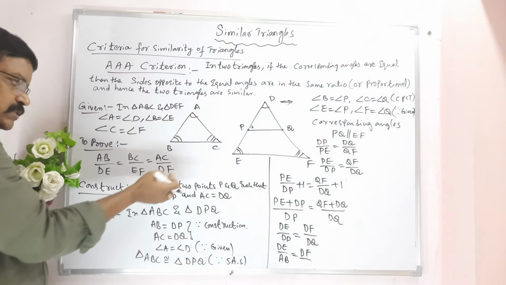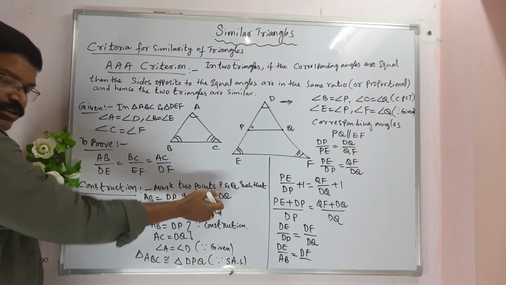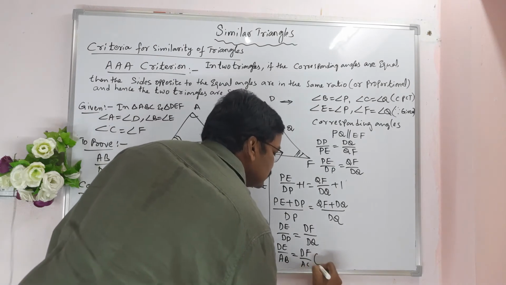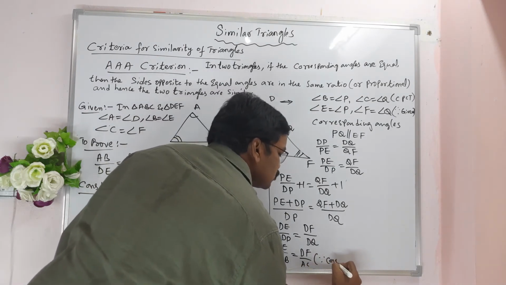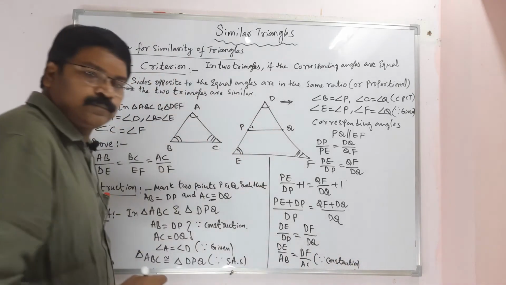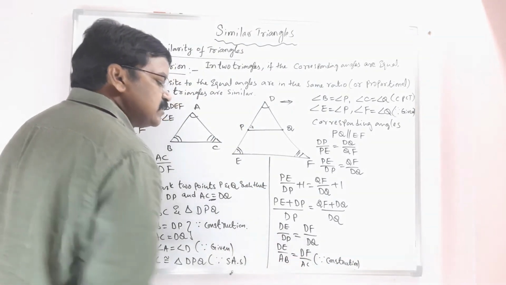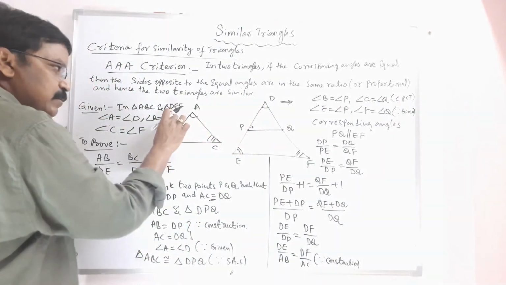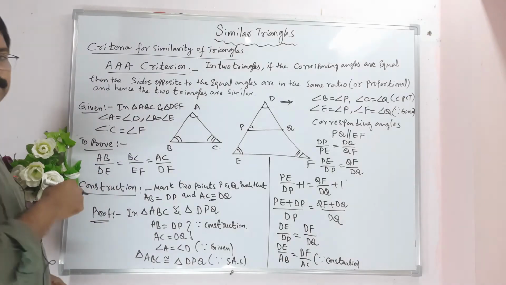DQ is equal to AC. This is from construction. So DE by AB is equal to DF by AC.